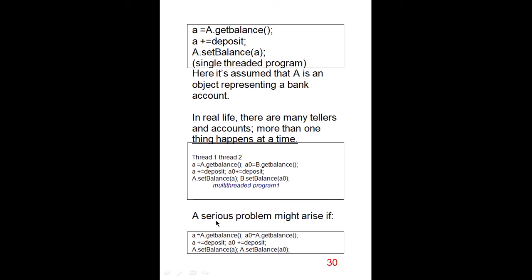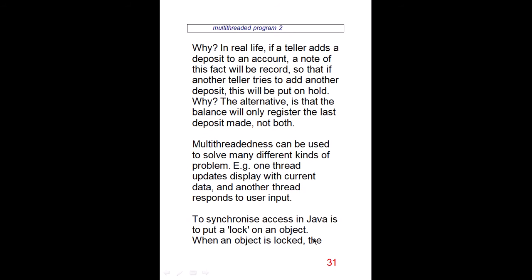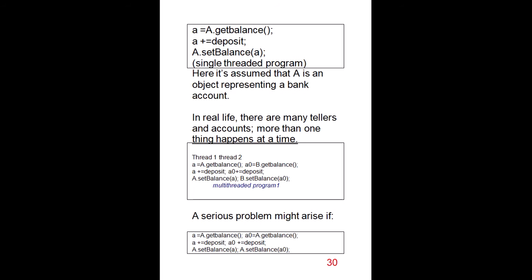But a serious problem might arise. Let's just see what the problem is. We've got a multi-threaded program, and here we've actually got 2 threads. The first is getting the balance from object A, and the second is retrieving the balance from object A at the same time.